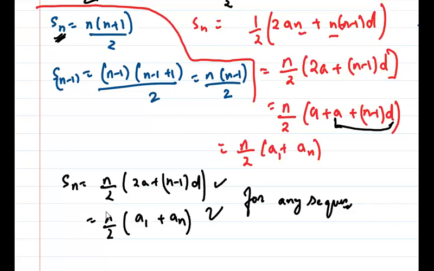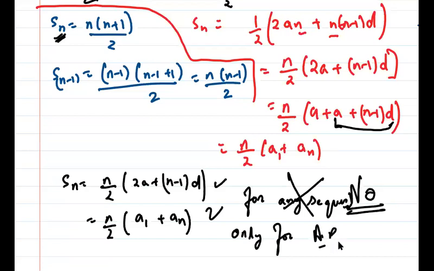Those who are saying yes, that is wrong. No. This is only for AP. If the sequence is in AP, then only we have to use this formula. Okay? Got it? Tell me, got it?